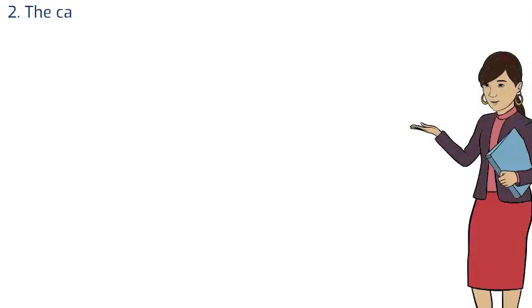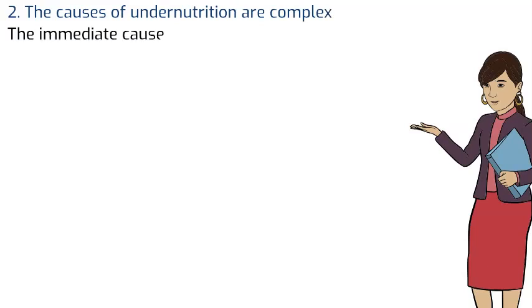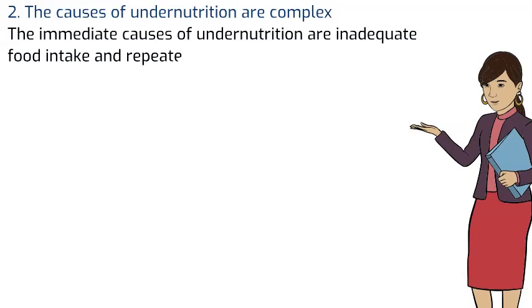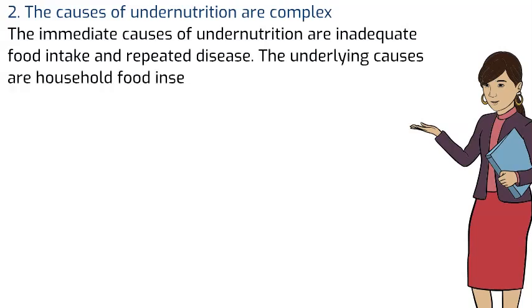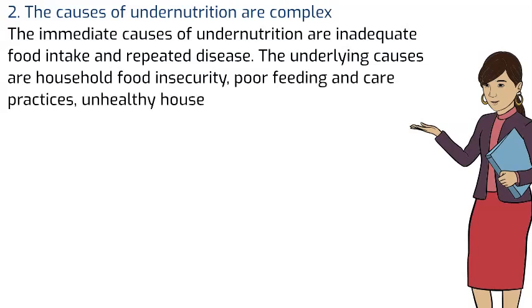The causes of undernutrition are complex. The immediate causes of undernutrition are inadequate food intake and repeated disease. The underlying causes are household food insecurity, poor feeding and care practices, unhealthy household environment and inadequate health care.